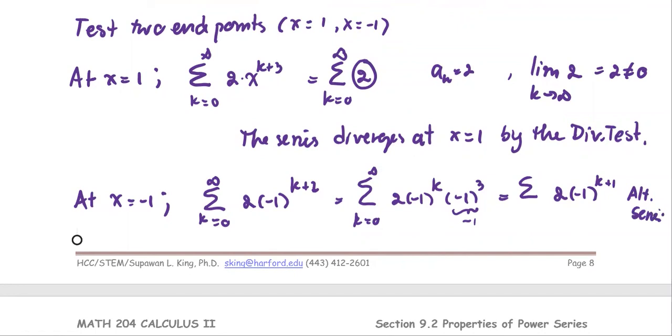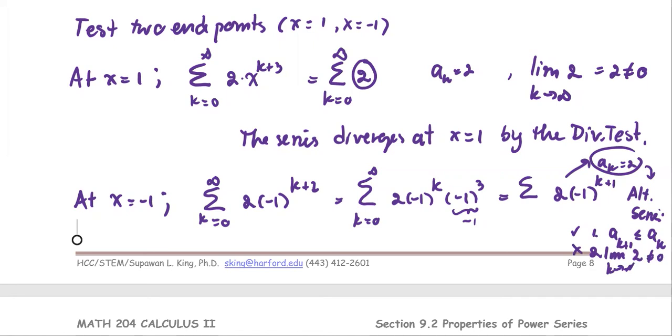With the conditions of the alternating series, number 1, the term a_(k+1) is less than or equal to the term a_k, which is still true because a_k is 2. But number 2, would the limit of a_k, which is 2, equal 0? The answer is no, it's not 0.